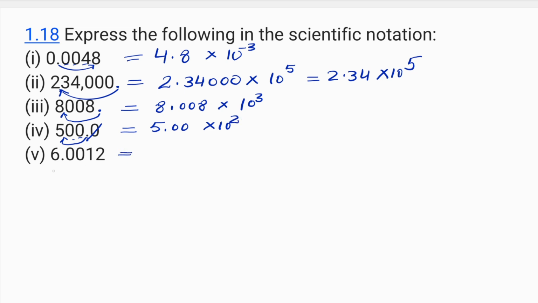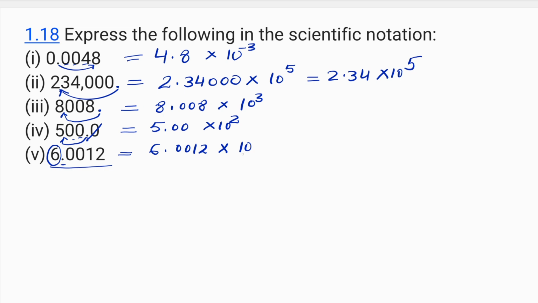Now, as we can see, this is already in decimal form. There is a decimal after one non-zero digit, which is 6. So it will become 6.0012. But what about 10 to the power? If it is 1, then 10 is going to stay as it is.